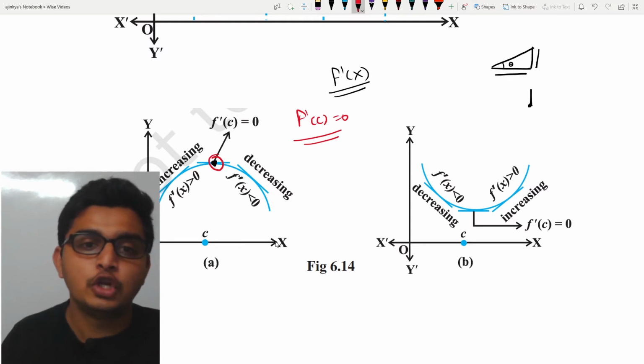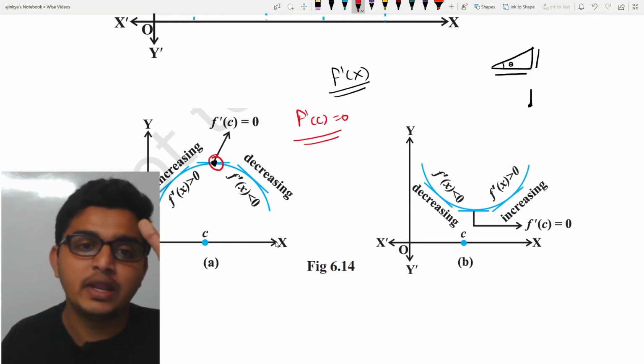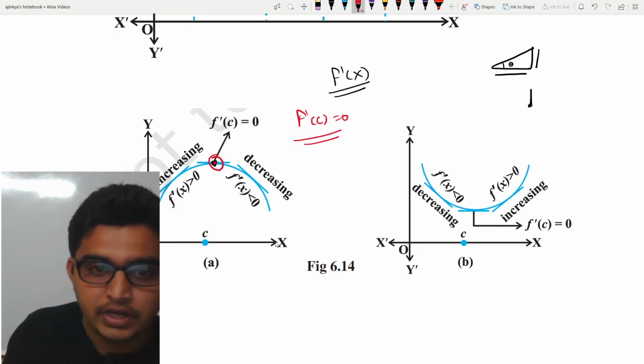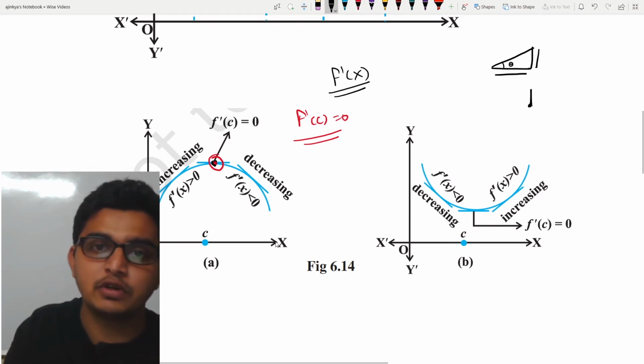and we have combined the knowledge of two things, the nature of functions and tangent properties, into one, and we can understand that this point, which is f of c, is at the max point of this particular function.